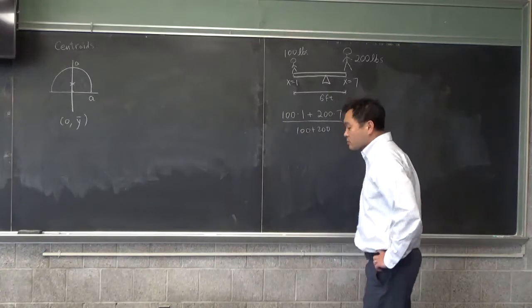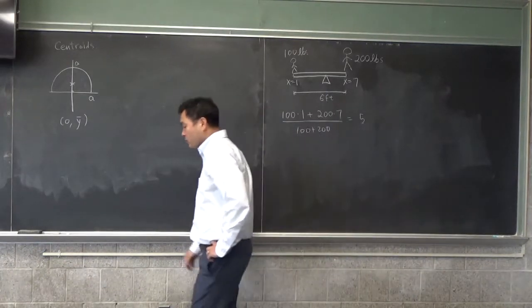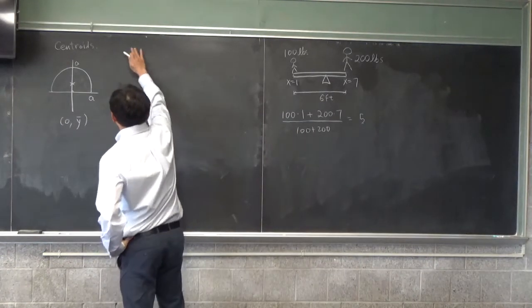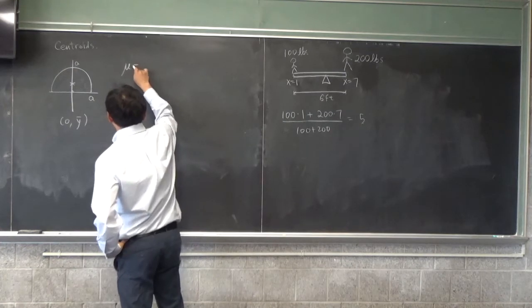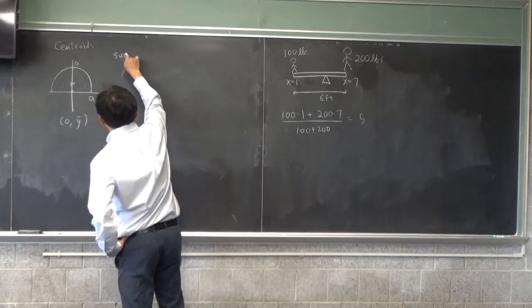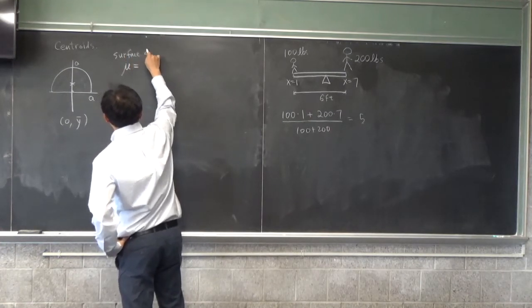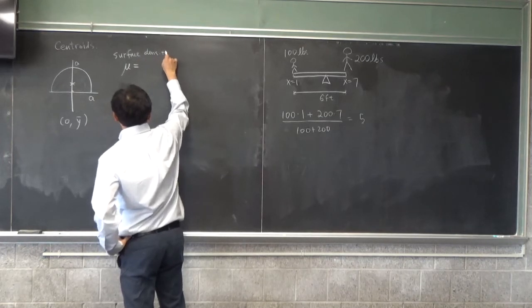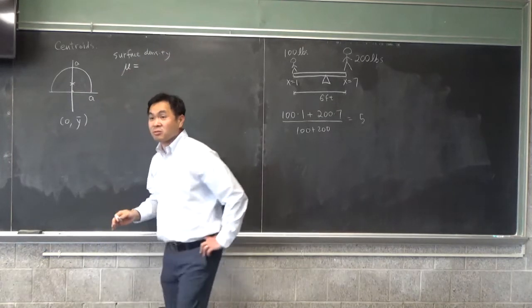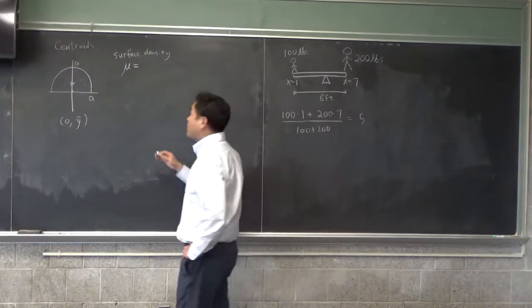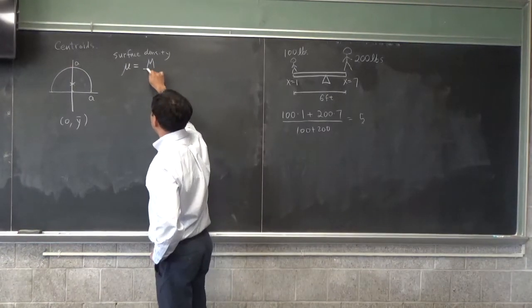Well, first we have to come up with this value mu, which is the surface density. Do you remember what the definition of surface density was? Mass divided by? Volume.